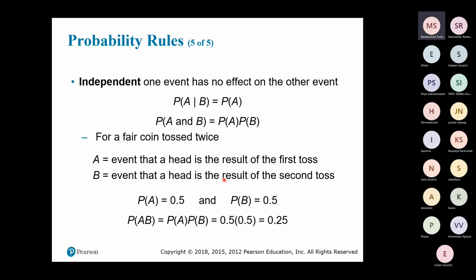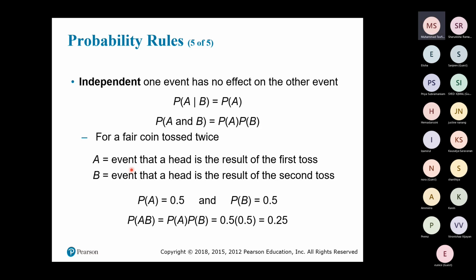So what is the probability that you will toss head in the first toss and head in the second toss? How do we calculate it?